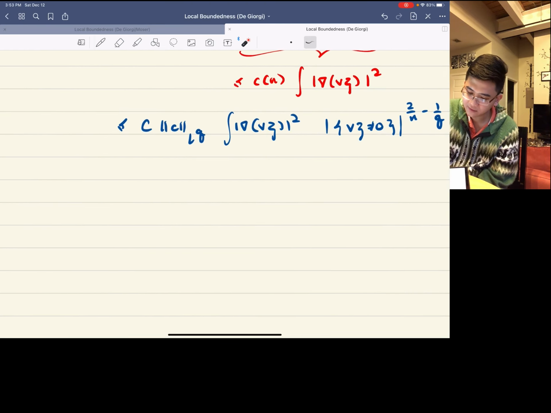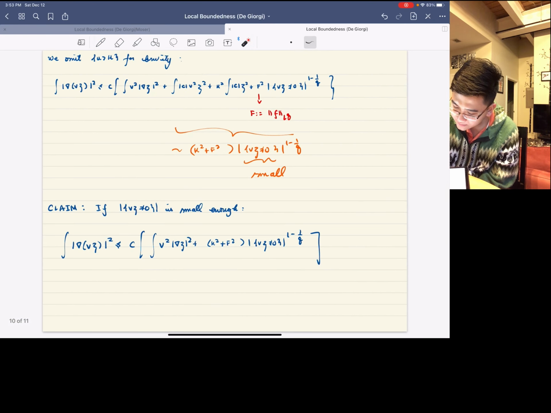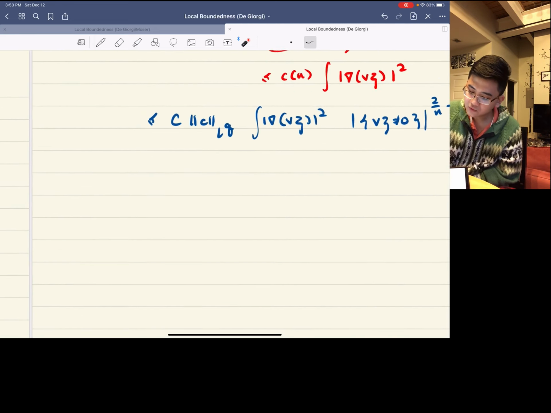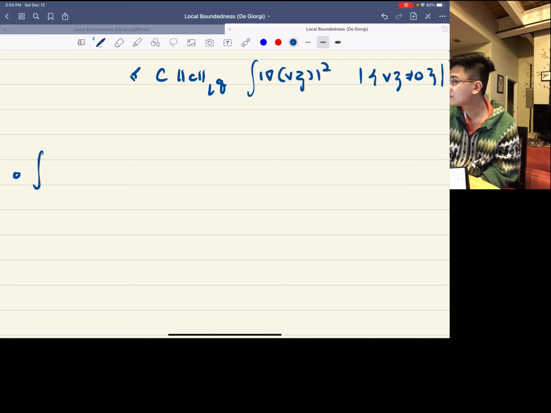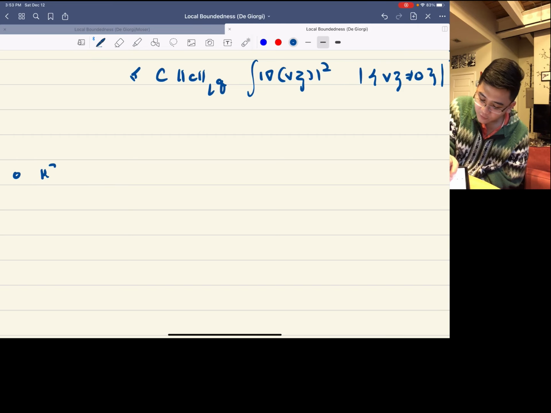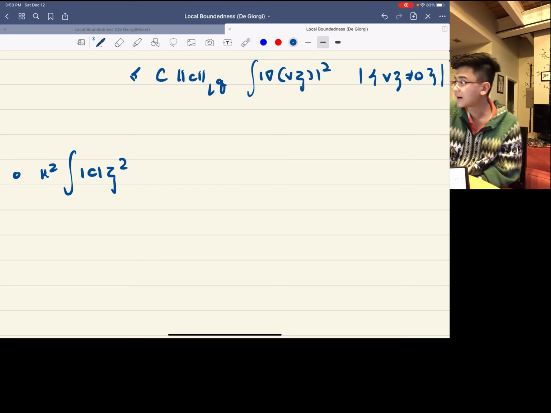Now let's look at the other term with the c. It's this one. So to handle that, I have k squared times the integral of the absolute value of c zeta squared.